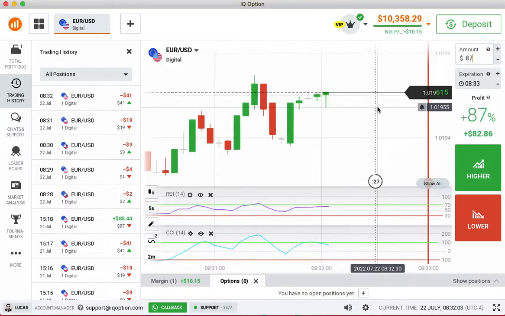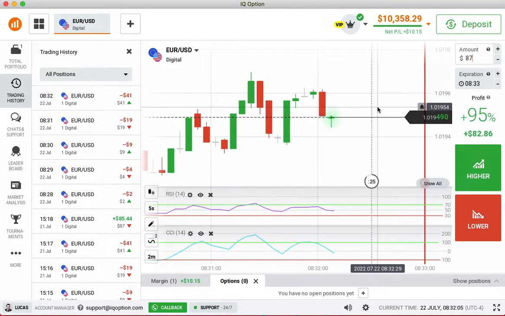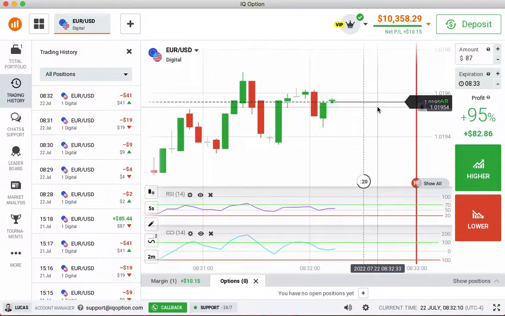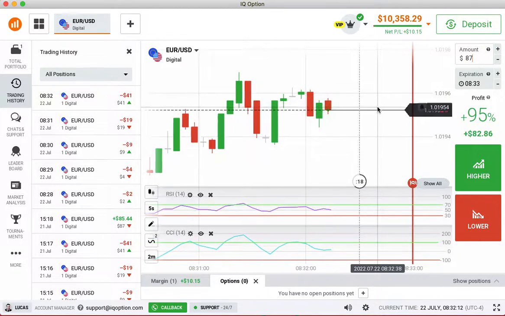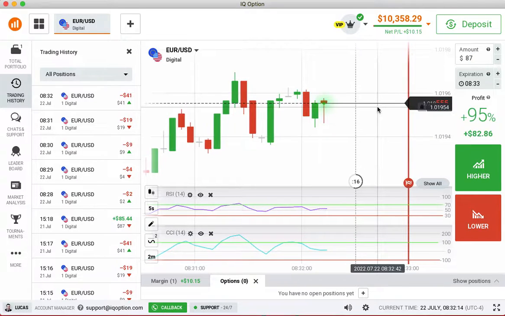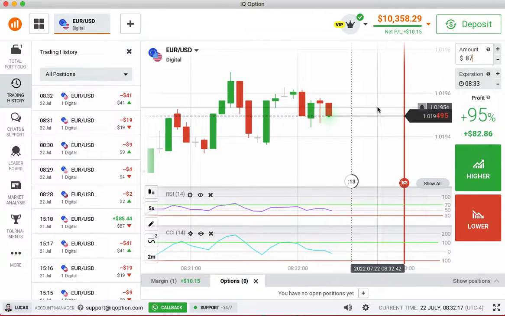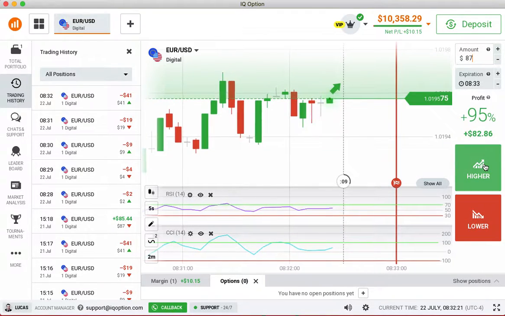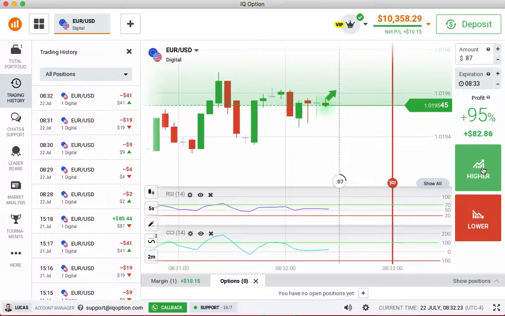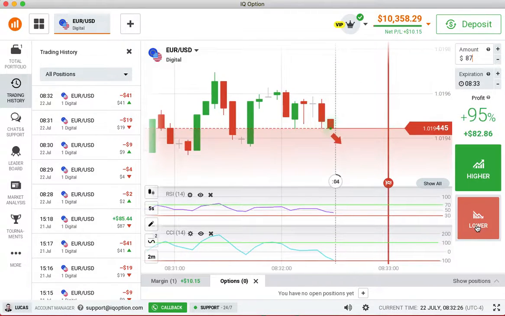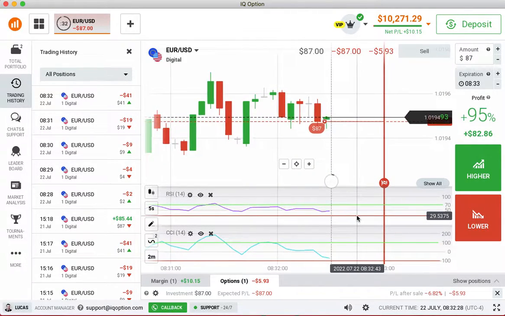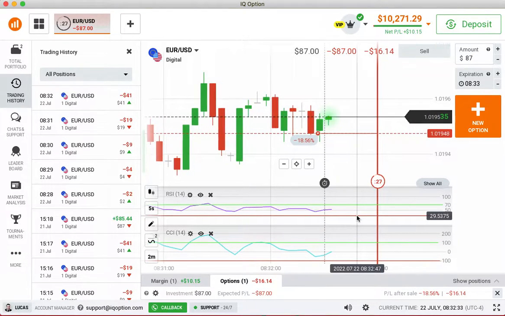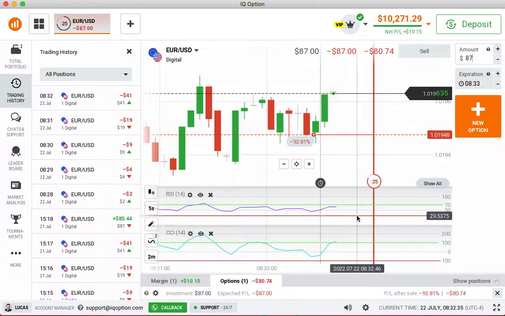So you eventually never really lose, right? 8, 7, 6, 5. So we sell here at the last 5 seconds. Right, since the indicators give you a signal for a down, you sell and you wait, right?